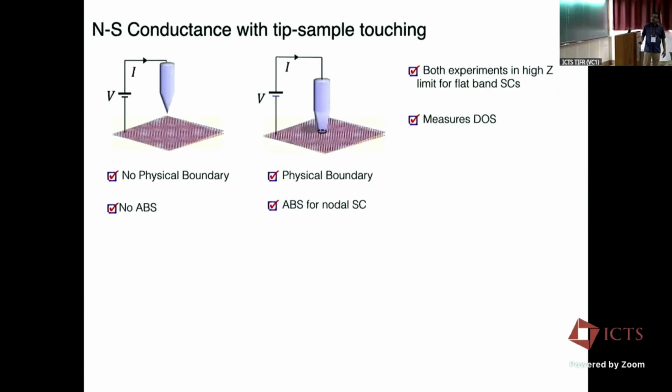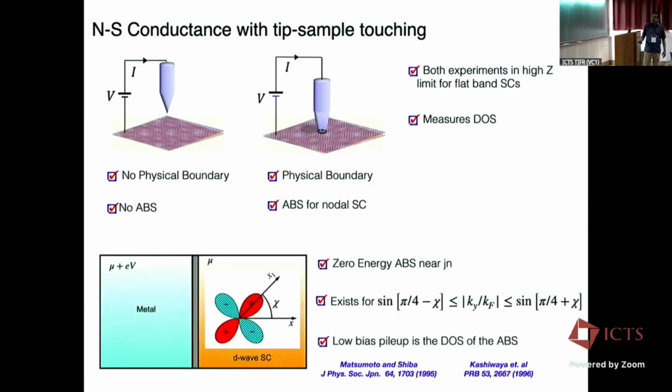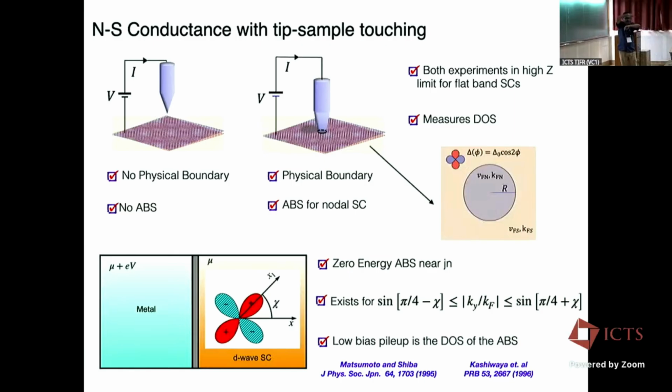And the idea is, when you crash, you actually create a real physical boundary between the metal and the superconductor, whereas when you are hovering above with your STM, there's no physical boundary created in the superconductor. And if you have a nodal superconductor where your order parameter changes sign, it's known from way back that you can get Andreev bound states if you create a sharp boundary in a D-wave superconductor.